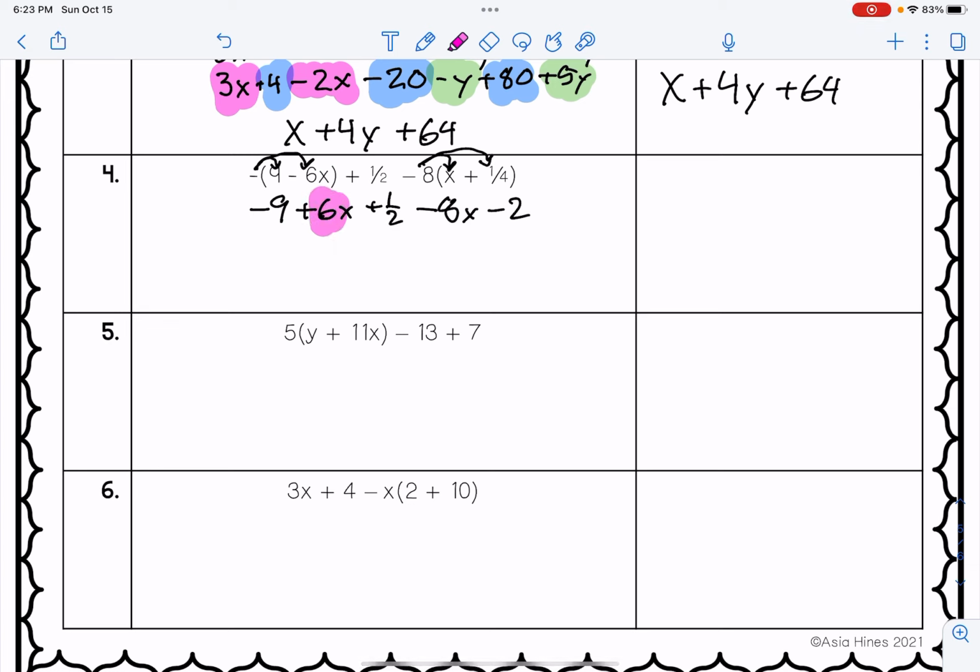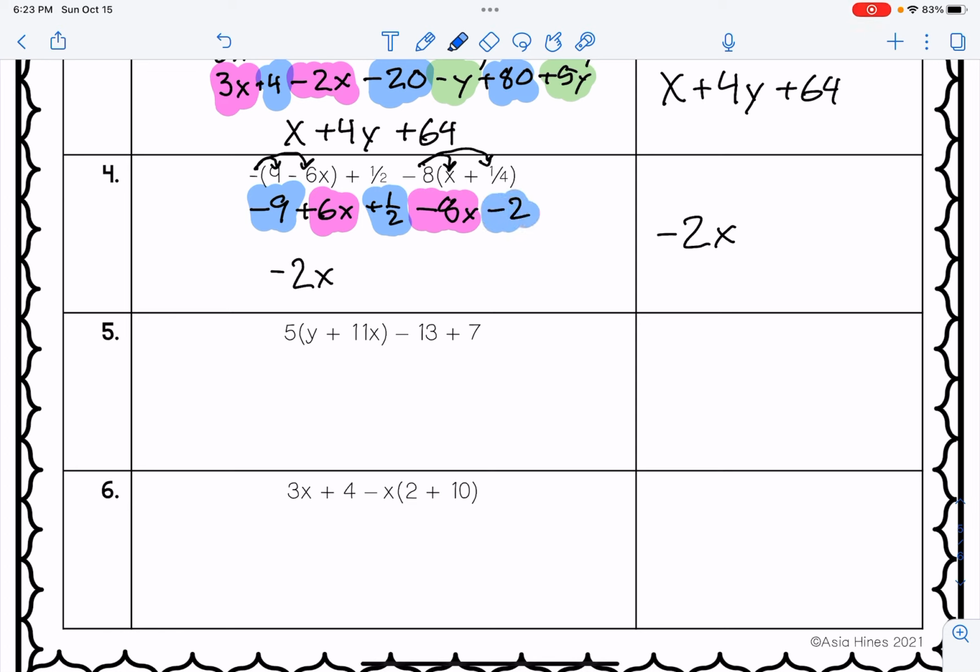X terms, we've got 6x minus 8x. All right, so 6 of something minus 8 of something is negative 2x's. And then we have all of our constant terms to deal with. So minus 9, plus 1/2, and minus 2.